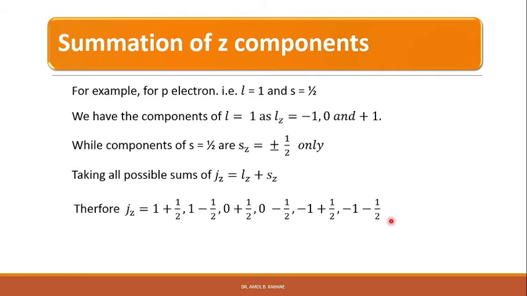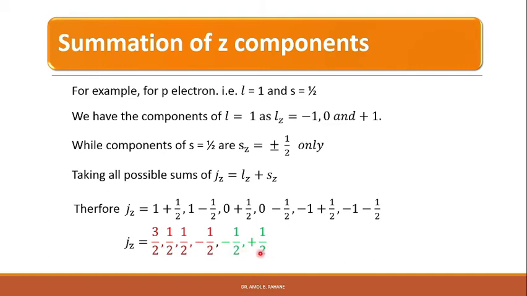In this we can easily note that the first 4 values of Jz belong to J is equal to 3 by 2. Corresponding to J is equal to 3 by 2, we get Jz as 3 by 2, 1 half, minus 1 half, and minus 3 by 2.